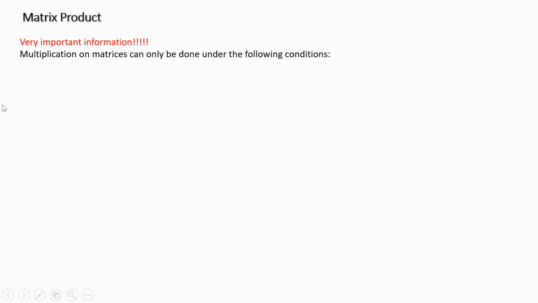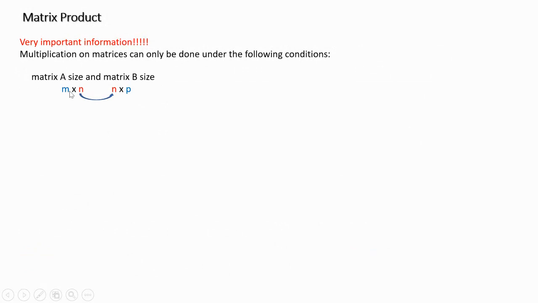Okay, now matrix product. We're going to multiply matrices. Now this is very important here, guys. Multiplication on matrices can only be done under the following conditions. Say that matrix A, the size is n by n, and matrix B has to be n by something, because the two numbers in the middle must match.